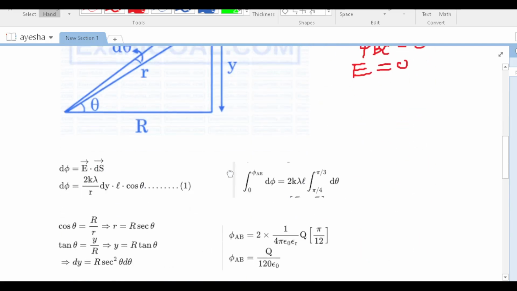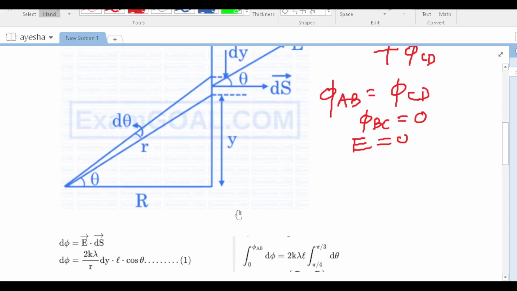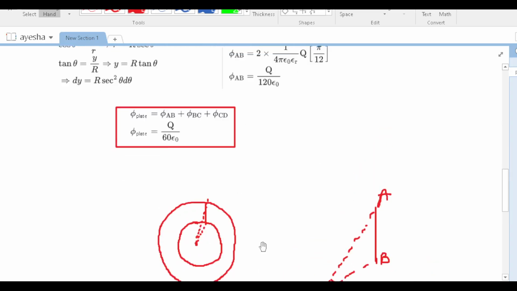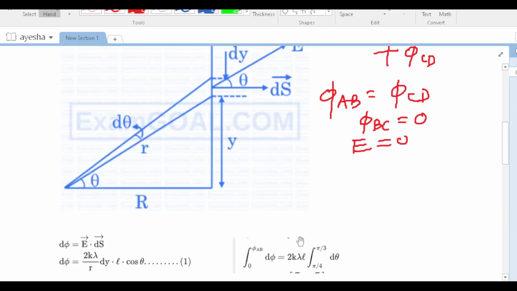So if you do the basic maths, first we'll find the d phi and we'll integrate it. For d phi, we are using the formula for that line element. You might have studied this in your class.